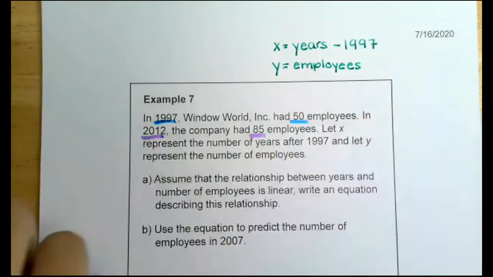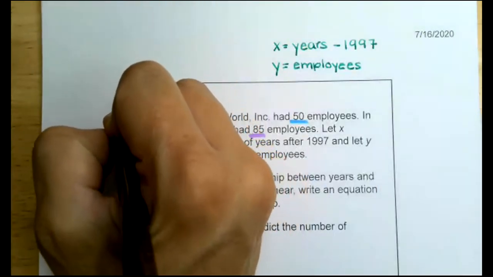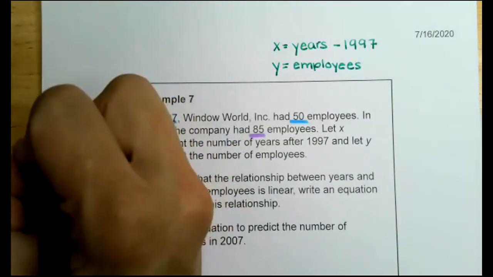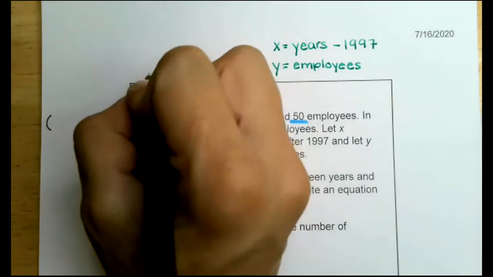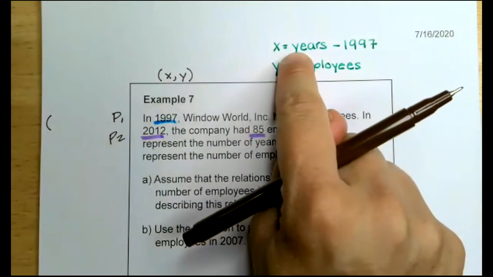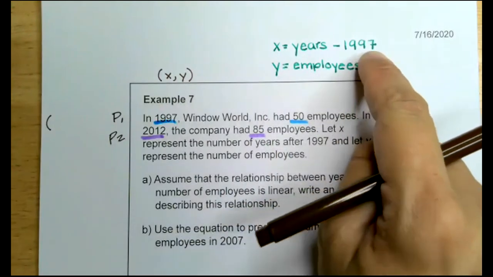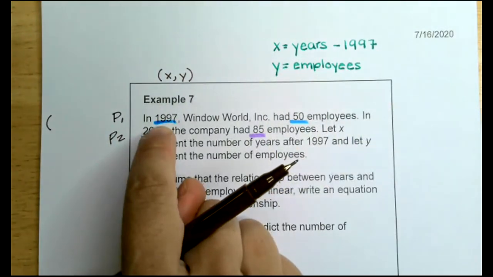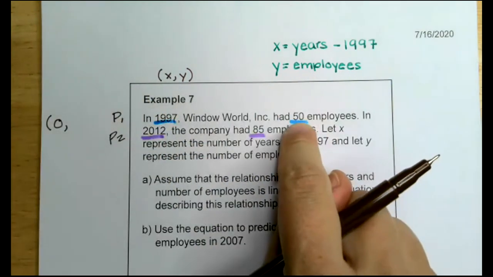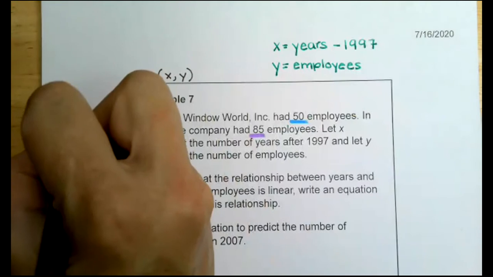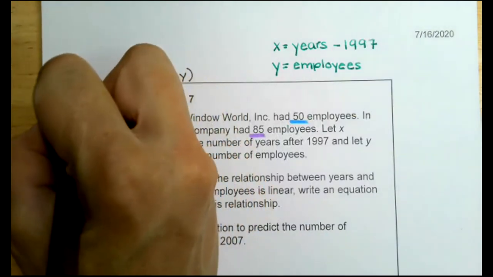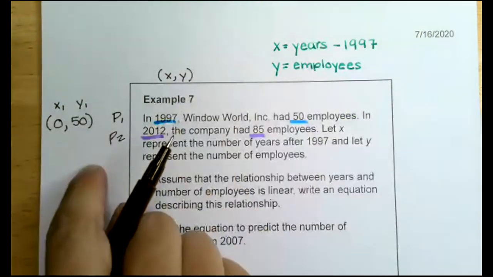So this is point 1 and this is point 2. For point 1, X is years minus 1997, so 1997 minus 1997 is 0 for the X, and employees is 50, so 50 for the Y. X1 is 0, Y1 is 50.